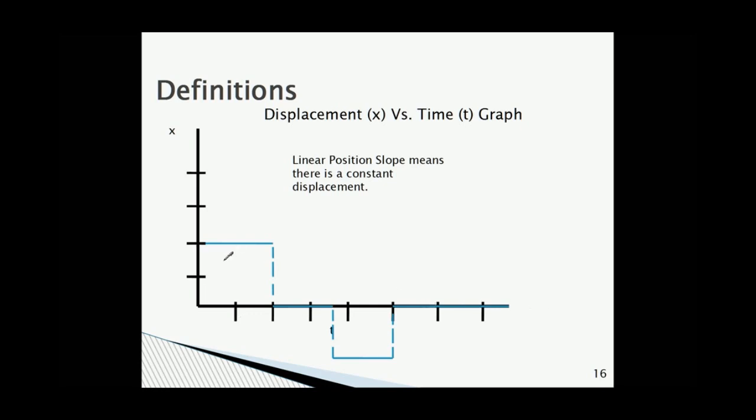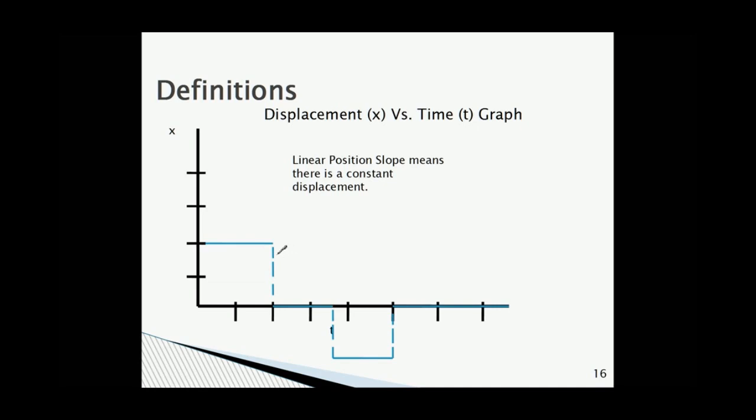When we had that slope upward on our position graph, it was a linear slope, which means that our displacement was constant. And here you have a constant displacement representing that linear slope. And it is a positive displacement since we had a positive slope.